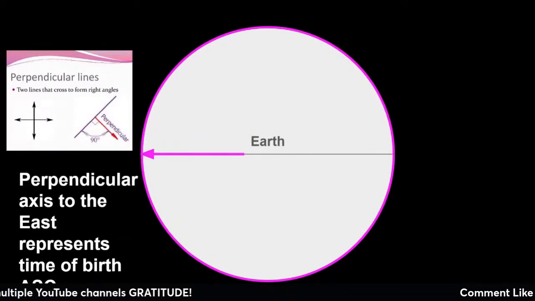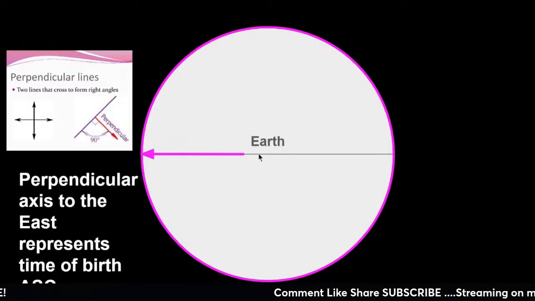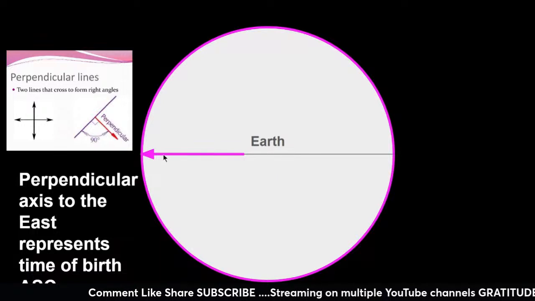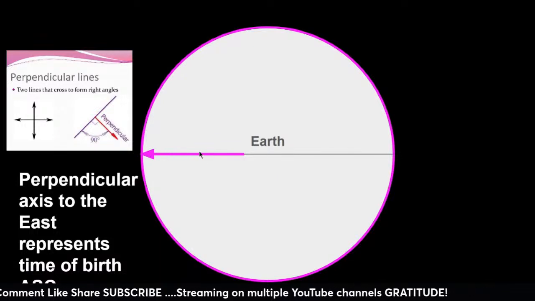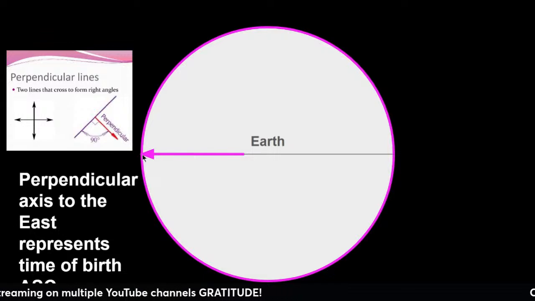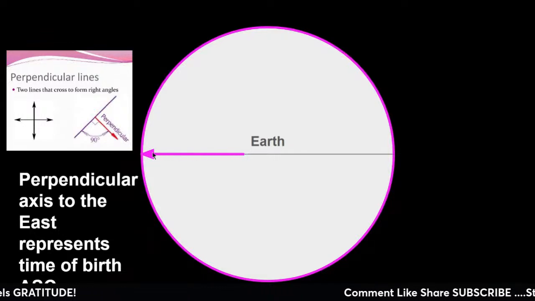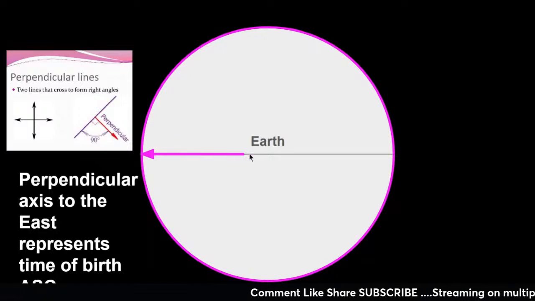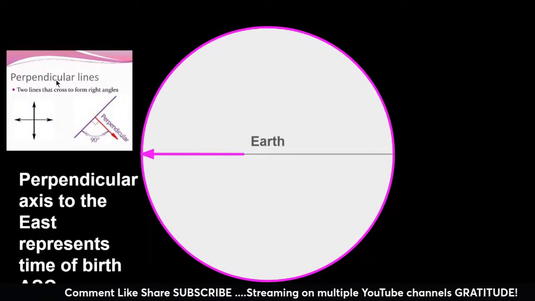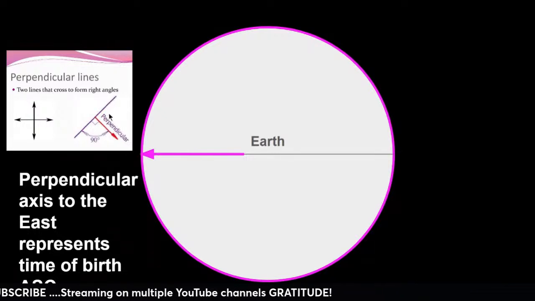Going back down here. How the ascendant is formed is the point of this PowerPoint slide. Now, a perpendicular axis to the east represents your time of birth. And this again is the ascendant. This is how we know the ascendant sign. Perpendicular is two lines that cross to form right angles.